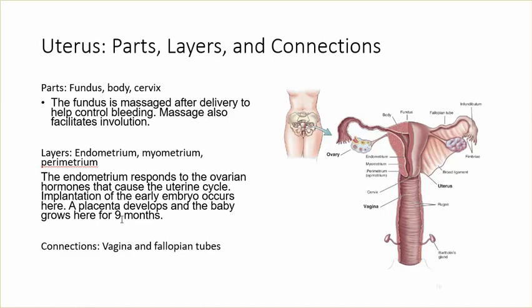Right. Now, if there's pregnancy, the placenta grows out of the endometrium. If there's none, then the endometrium matures and then is sloughed off, and that's what menstruation is, and menstrual bleeding.